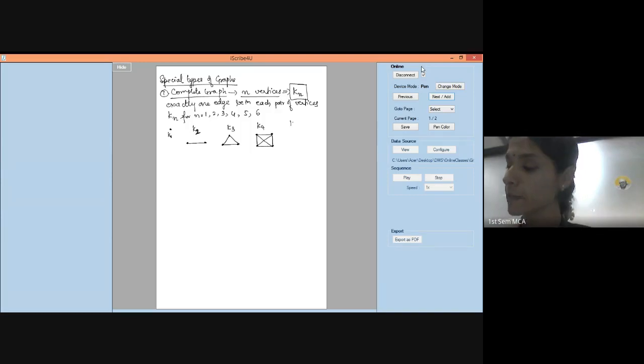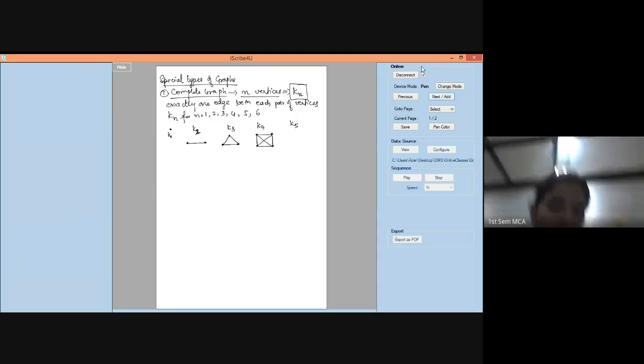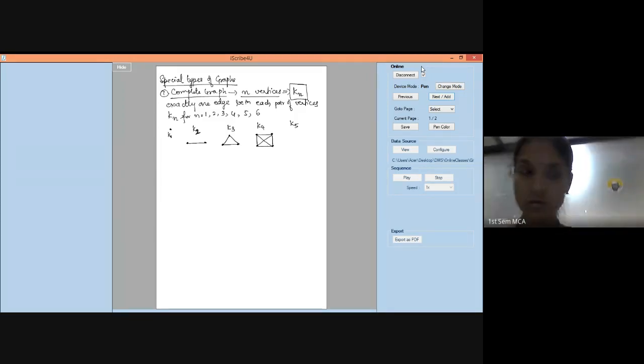All right. Next, I will take 5. So 5 means I have to go for 5 vertices. Let us see how we can show that. This is one vertex, another vertex, another vertex, another vertex, another vertex. So I have to connect all the pairs of vertices.